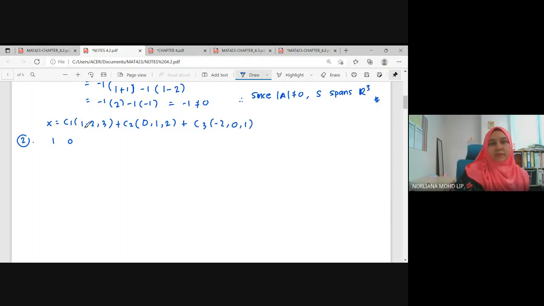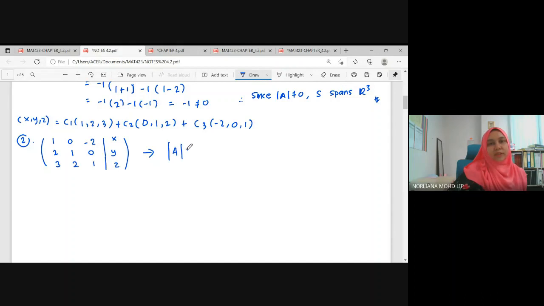So ni kalau you all expand akan dapat ni lah 1, 0, negative 2 is equal to, ni boleh let X, Y, Z kan. Let X, Y, Z. X, 1, 1, 0, Y, 3, 2, 1, Z. Okay, ni daripada sini kita boleh terus gunakan determinant.